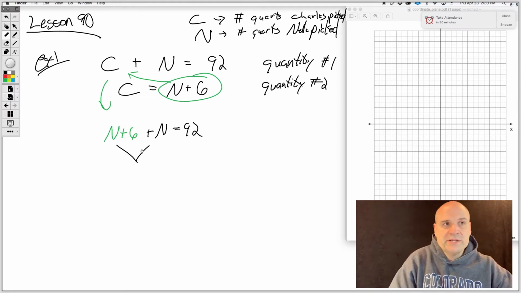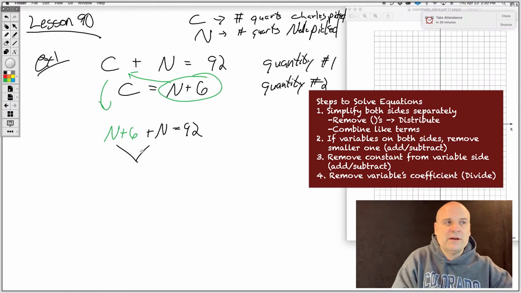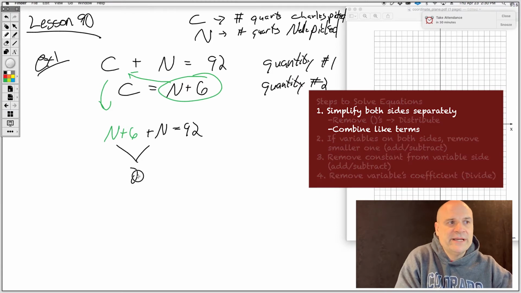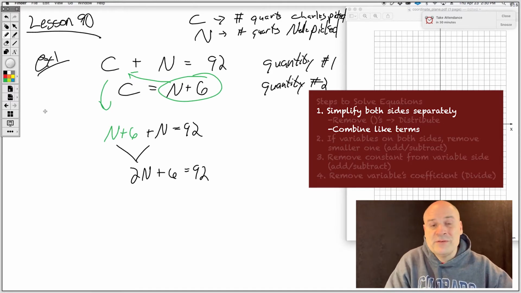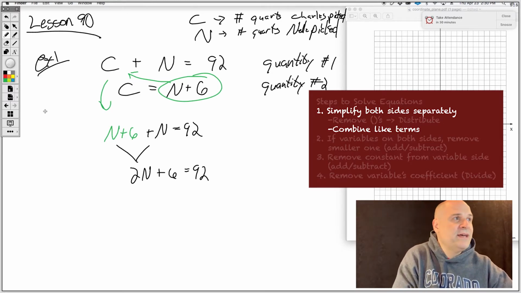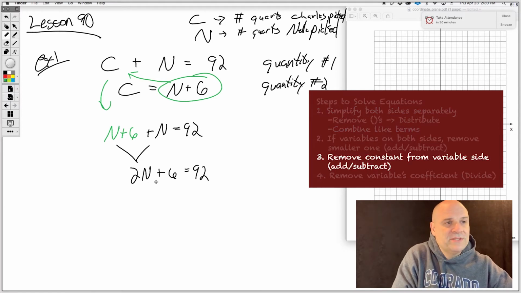All right. First step to solving equations, simplify both sides. No parentheses, but there are like terms. N and N is 2N plus 6 equals 92. Second step says if you have variables on both sides, get rid of the smaller one. You don't have that, so we're going to move to step 3, which is get rid of the constant on the variable side.